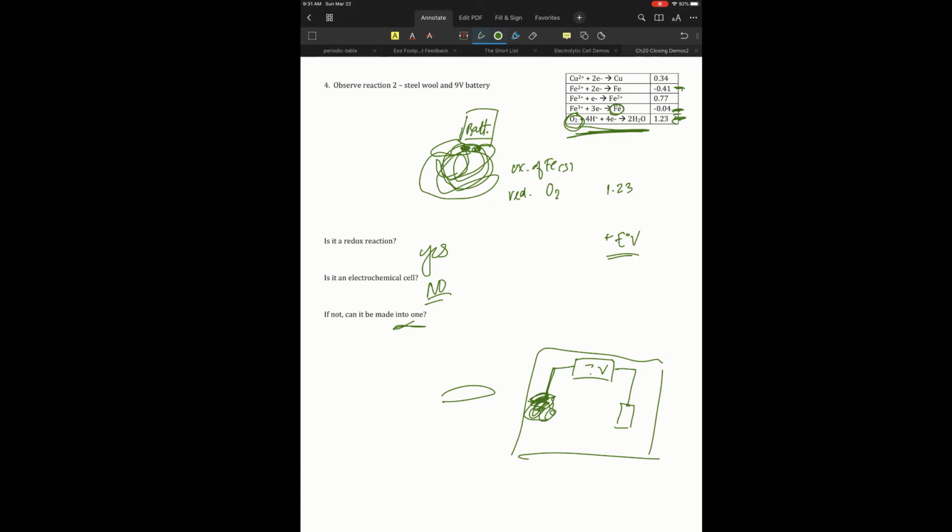In addition, this reaction is also used in those little hot pads, like the hand and foot warmers that you would carry around in the winter. That's the same exact thing: the oxidation of iron and reduction of oxygen gas produces heat. It happens in a specific way so that it doesn't produce too much heat such that it sparks, because that would be problematic.